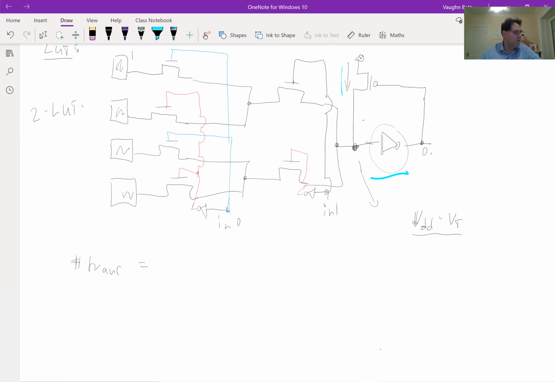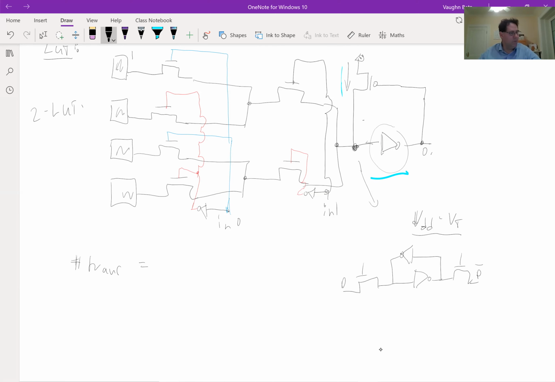How many transistors does it take to make an SRAM cell? Anybody know? Yeah, 6. A basic SRAM cell is cross-coupled inverters, and then you put a couple of access transistors on it so that you can write in new values. That's like D and D bar, and this is your control line.